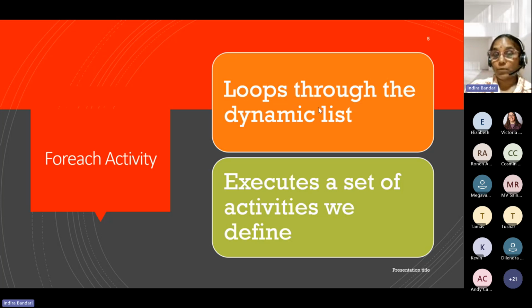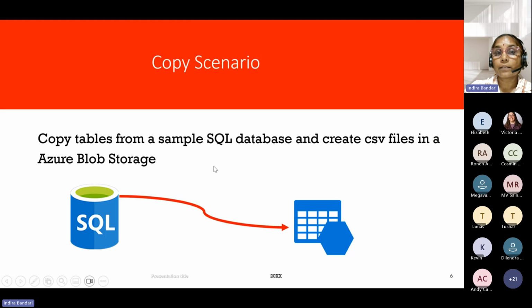So that is what loops through the dynamic list. The list will be provided by the lookup activity, and then it will execute the set of activities, whatever we define. We are going to define the copy activity inside the for each activity. So the third activity will be inside the for each.